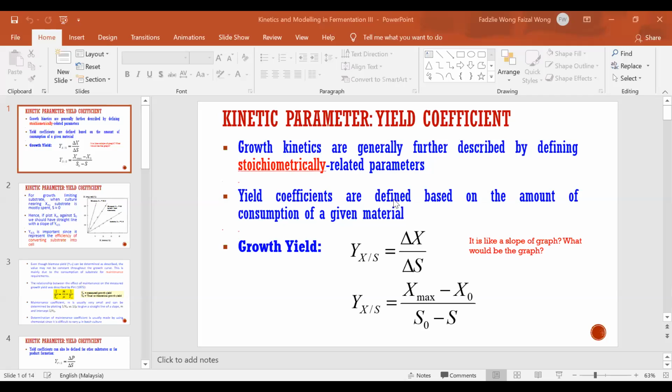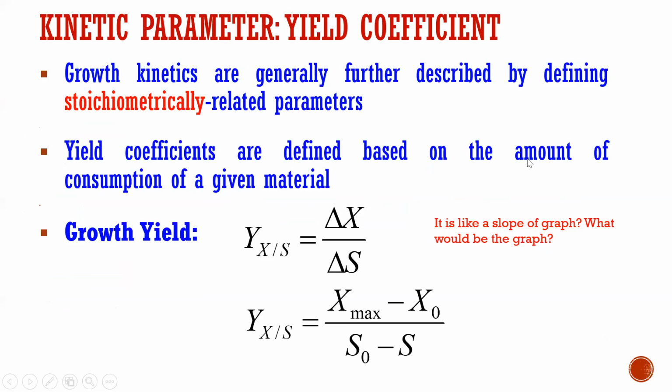which is on the yield coefficient and kinetic parameters in substrate utilization and product formation. So moving to the next kinetic parameters, known as yield coefficients. I hope by this point everybody is clear on the difference between a coefficient and a constant, right?